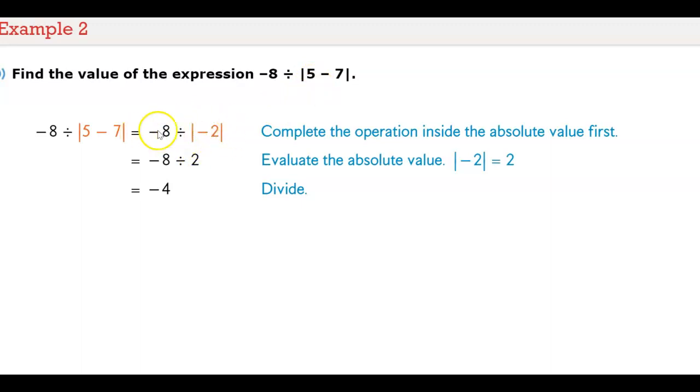And then we have -8 and the division sign. Then they have to find the absolute value of -2, and that is 2. So we have -8 divided by 2. Once we divide that, we have -4, and then that is the value of that expression.